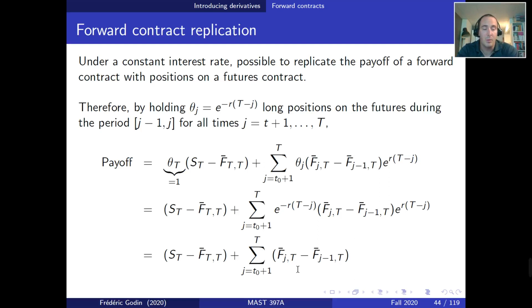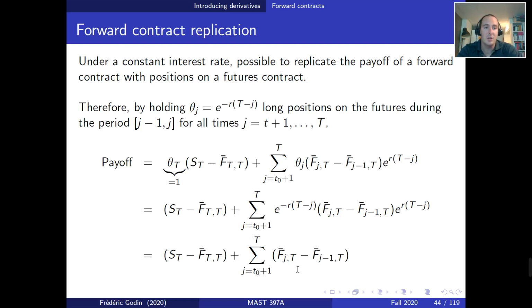Okay, so we will see what I mean by a portfolio of futures contracts. It's just a number of futures contracts that is adjusted through time, and if we adjust the number of positions suitably through time, we can replicate the payoff of a forward position.